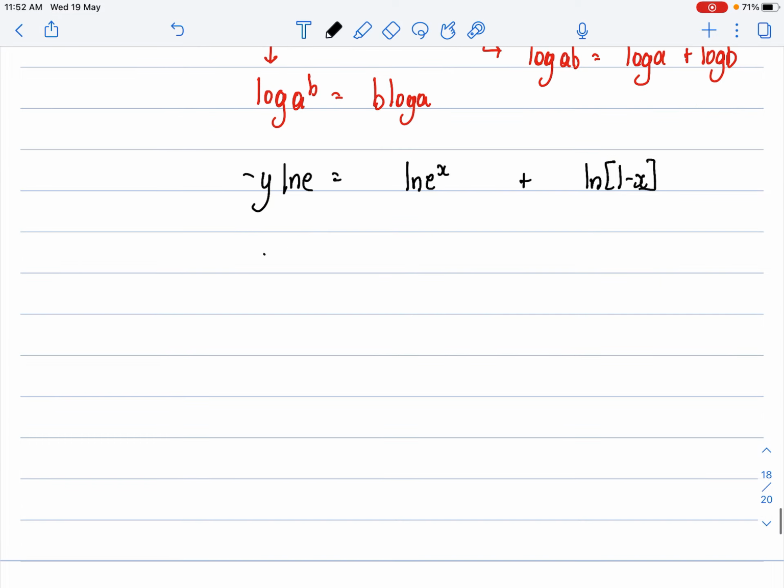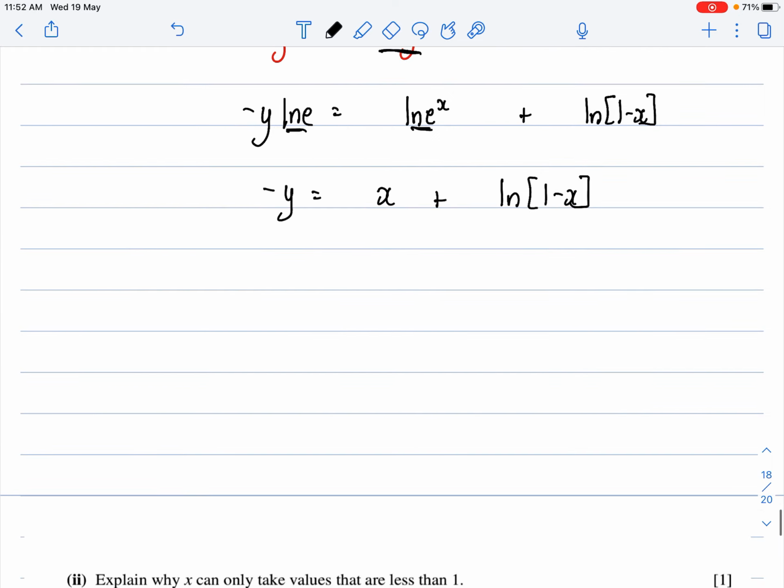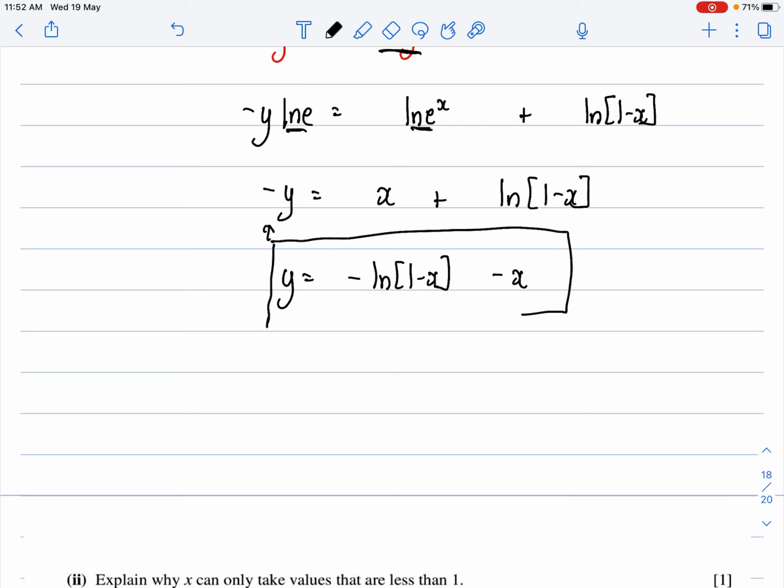So I can write this as minus y equals x, since I know ln e is 1, so I don't need to write it, plus ln of 1 minus x. So now I can write this as y equals minus ln of 1 minus x, where I took the minus to the other side, which is the answer to the question.